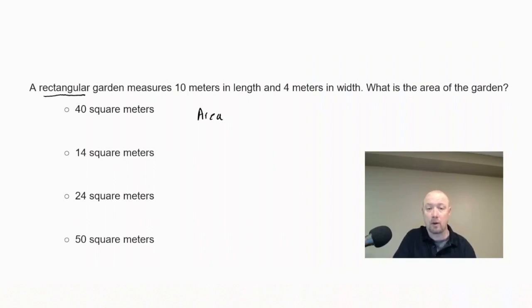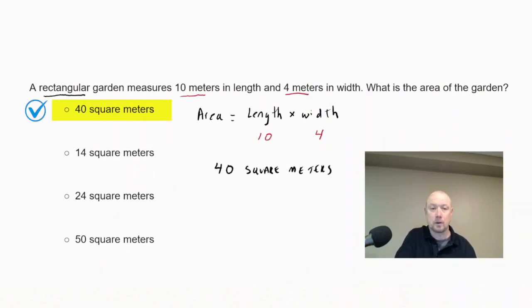The area formula for a rectangle is length times width. Looking at our given information, we have 10 meters in length and 4 meters in width. We multiply 10 times 4 and get 40 square meters. So the first choice would be our answer.